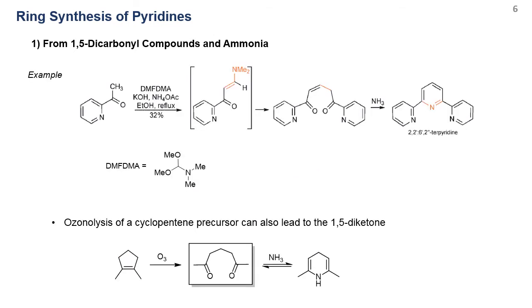In the next example, there is no alpha beta unsaturated carbonyl compound, but you have a ketone that can react with DMF-DMA, which has a structure like this. There are two leaving groups in the molecule, and under basic conditions and heat, it can eliminate and form an intermediate like an iminium salt.